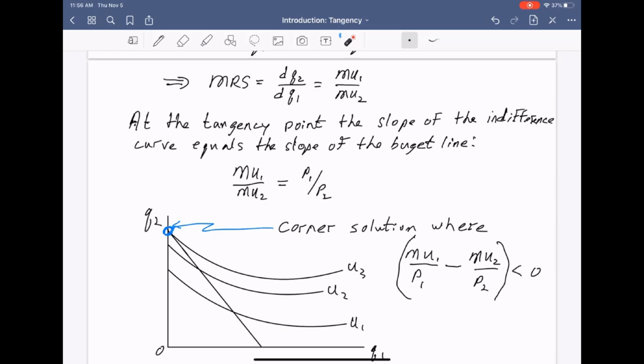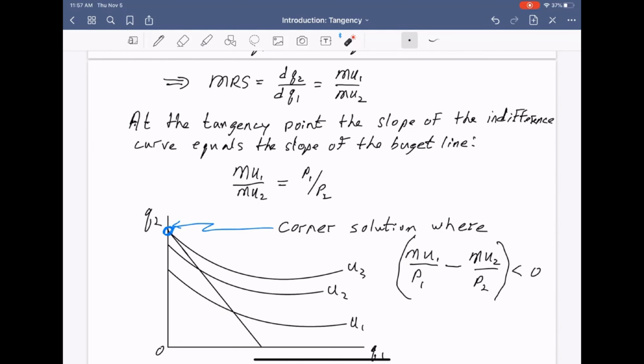Given that the slope of the indifference curve is simply the marginal utility of 1 over the marginal utility of 2, the ratio of the marginal utilities, that's how we get that. And that has to equal the slope of the budget line, which is simply the price of 1 over the price of 2.